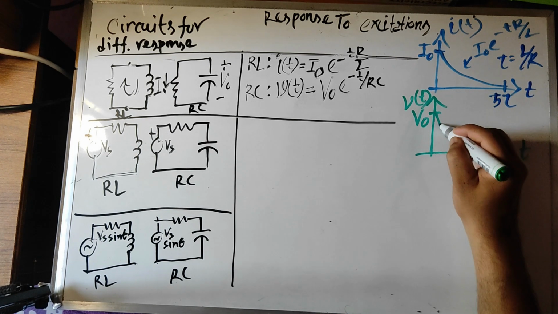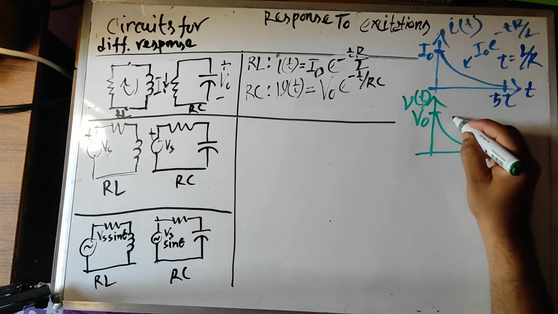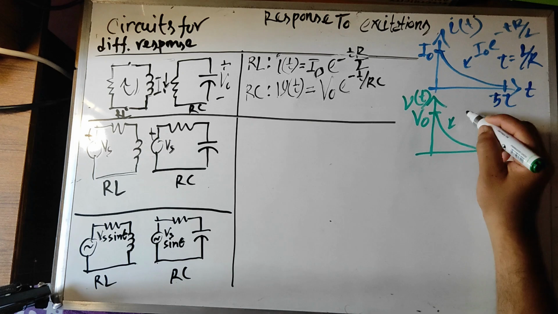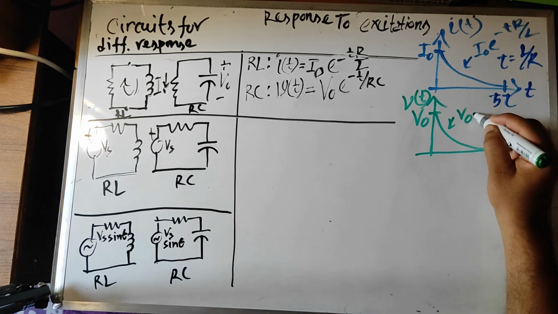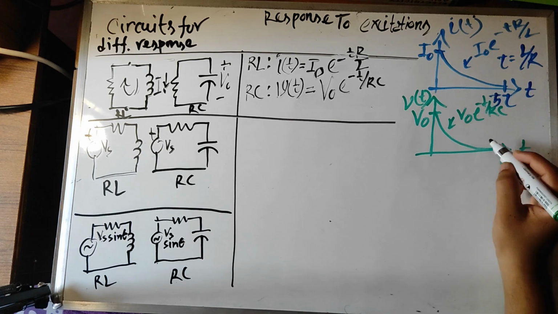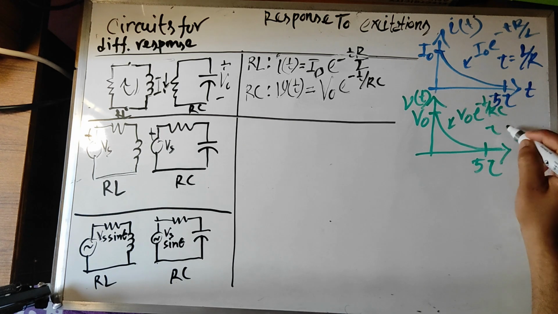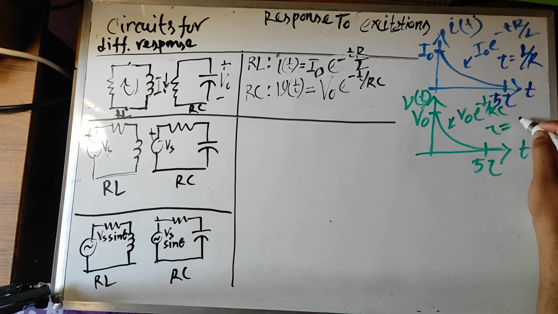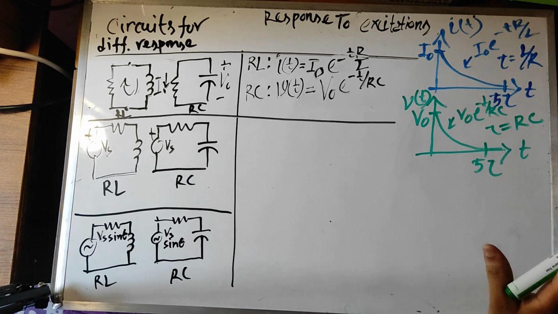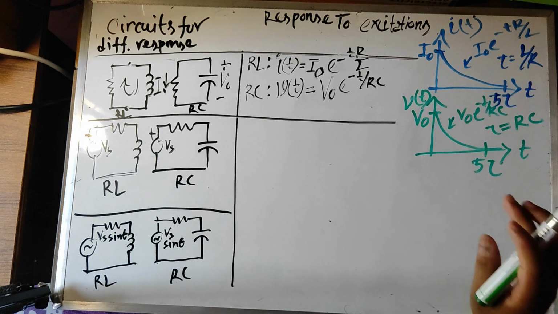The response will be the same, a gradual decaying: V0 e to the power minus t by RC, and say this is 5 tau, and here the time constant is equal to RC. So this is the response of the source free RL and RC circuit.